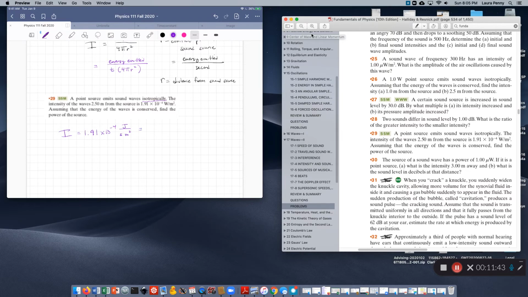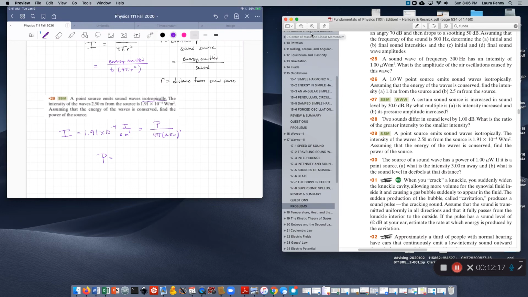And that should be the power of the source divided by 4 pi r squared, and the r, we're 2.5 meters away from it. So we can do a quick plug and chug of this. 1.91 times 10 to the negative 4 times 4 times pi times 2.5 squared.